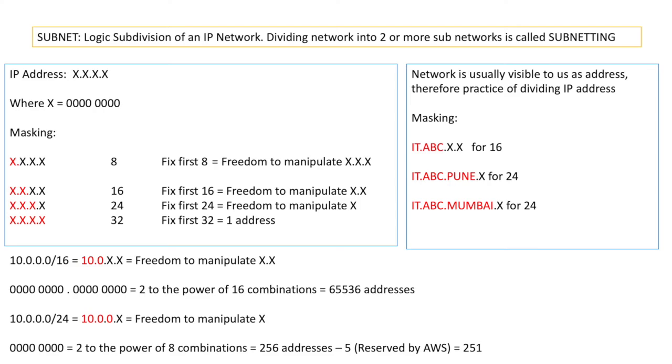The most important thing to note here is while you might have 2 to the power of 8, which comes down to 256 addresses, you would have the liberty of utilizing 256 IP addresses, but 5 addresses are always reserved by AWS for their internal networking. Therefore, even if a subnet might have availability of 256 addresses, it would only be able to utilize 251 addresses.